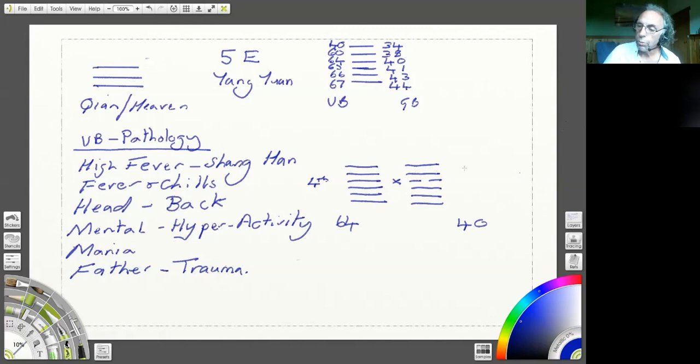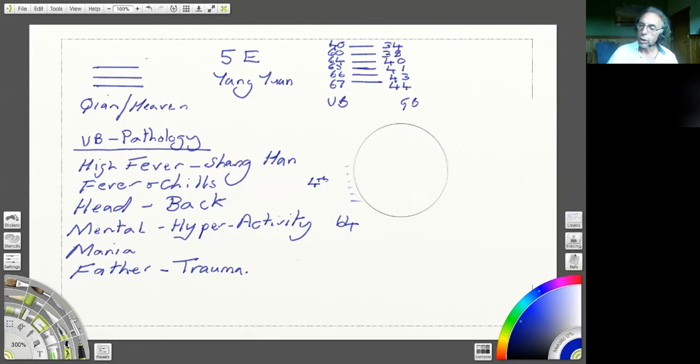And then we can also think of the elements. So here we have wood over metal. You don't have to, but you can consider what wood over metal does, what sort of relationship, what's actually occurring in that situation.